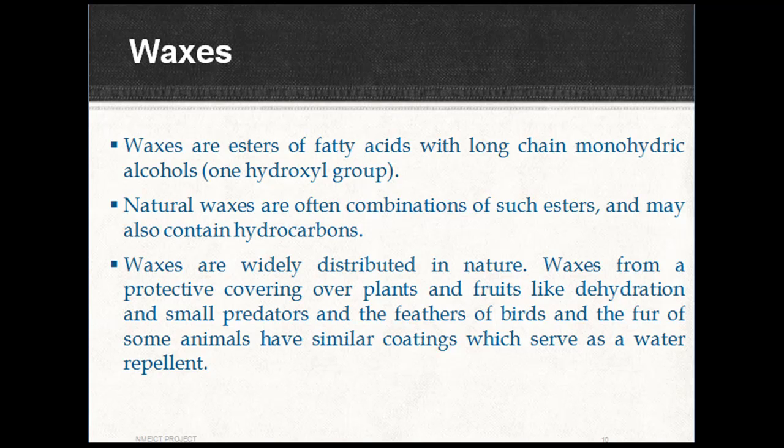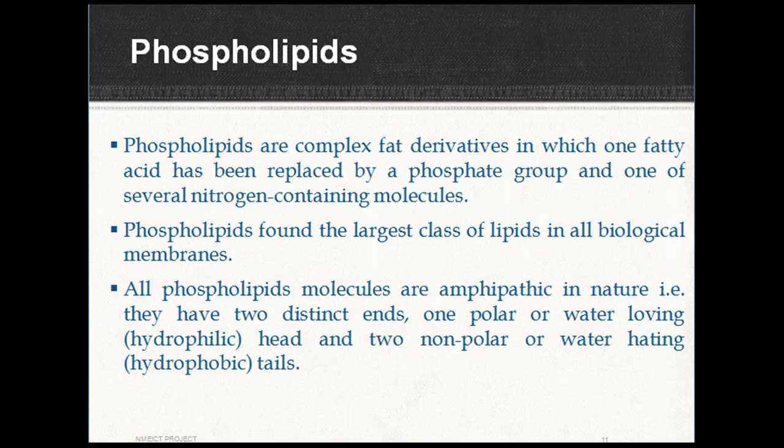Another common example of lipid is phospholipids. Phospholipids are complex fat derivatives in which one fatty acid has been replaced by a phosphate group and one of several nitrogen-containing molecules. Phospholipids form the largest class of lipids in all biological membranes. All phospholipid molecules are amphipathic in nature.